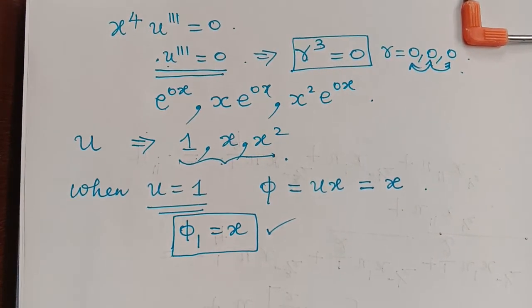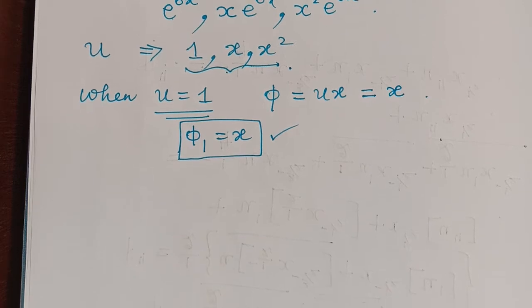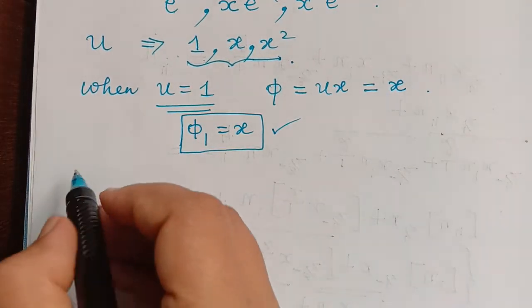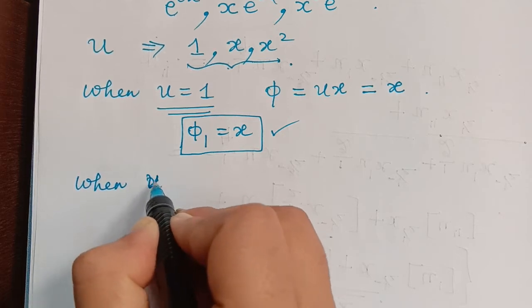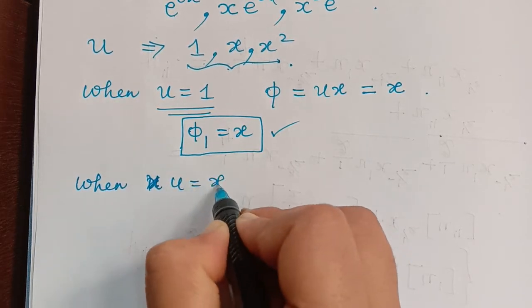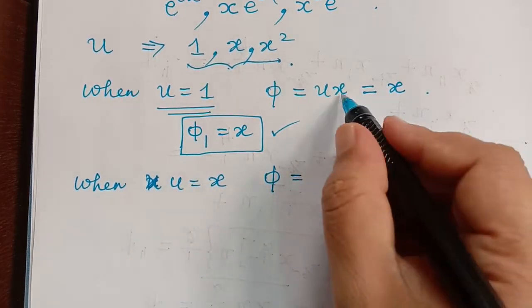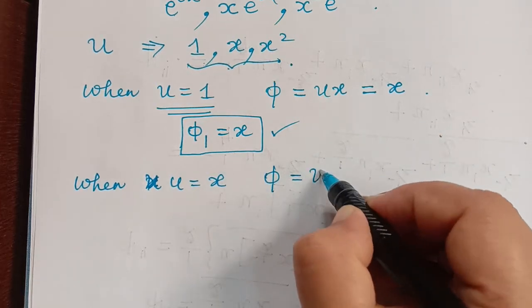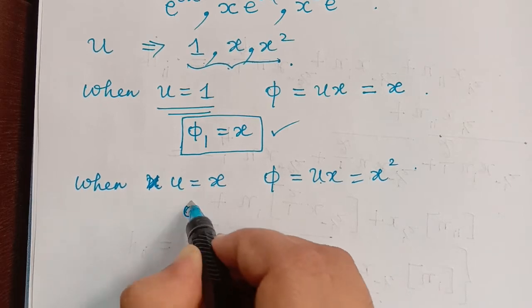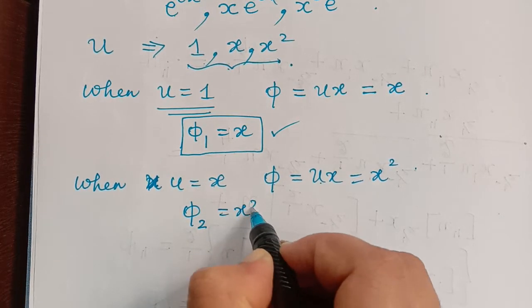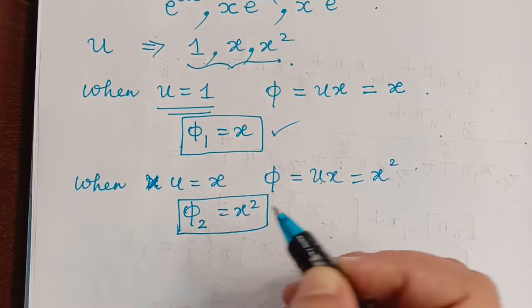Now when u is equal to x, what about phi? We know that phi is ux. So when you substitute u as x here, it becomes x squared. And so the solution phi 2 is equal to x squared. So this is the second solution.